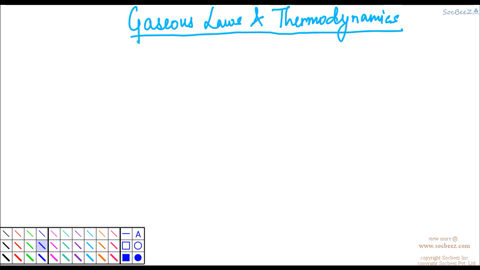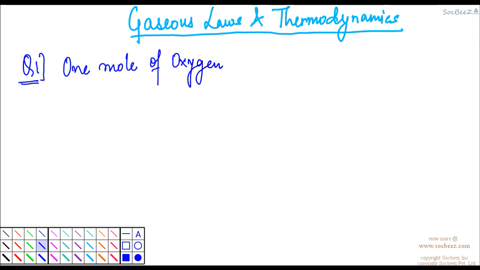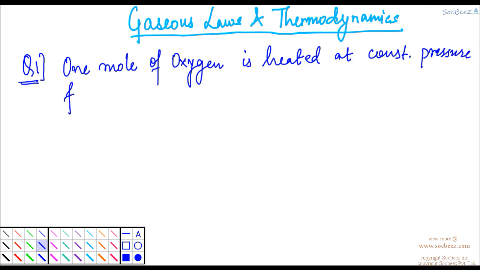So let's begin with the first question, which says that 1 mole of oxygen is heated at constant pressure from 0 degree Celsius.